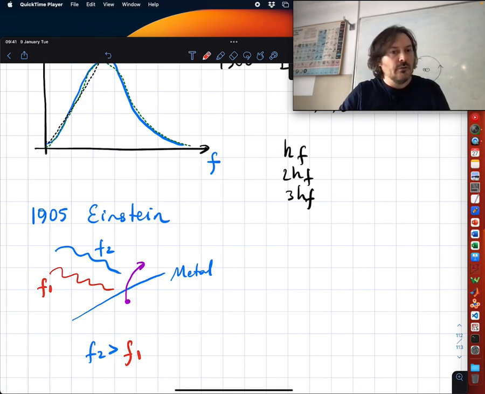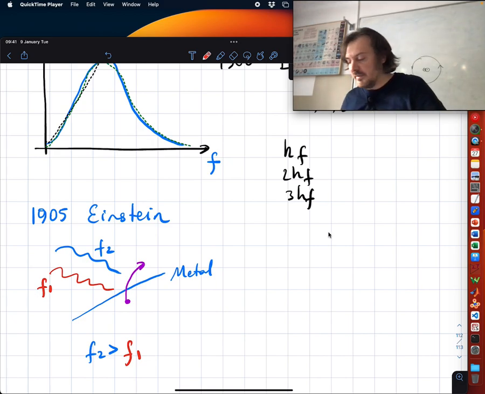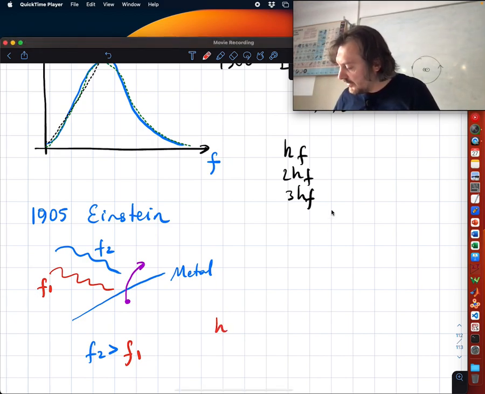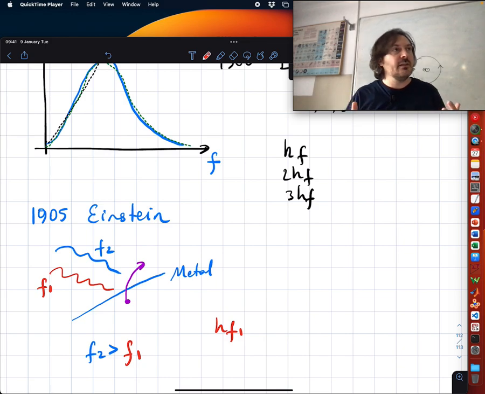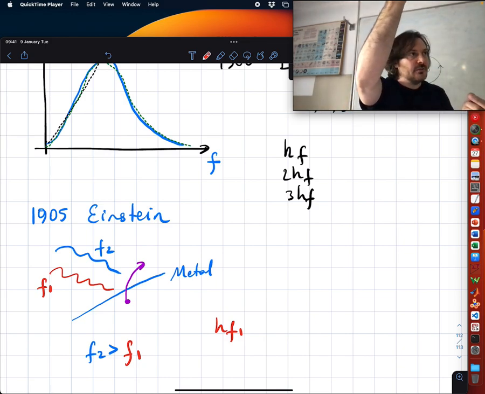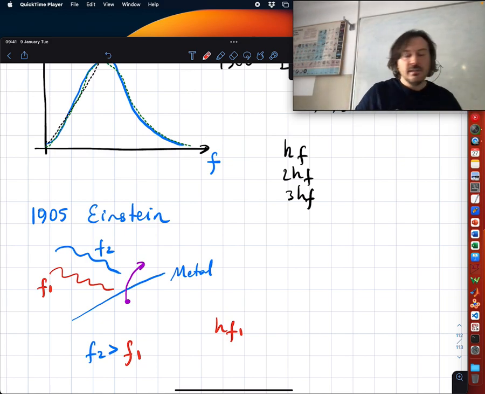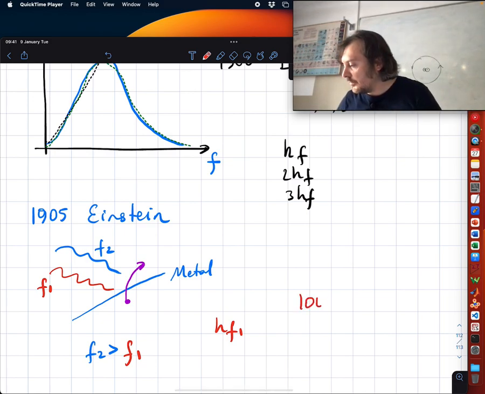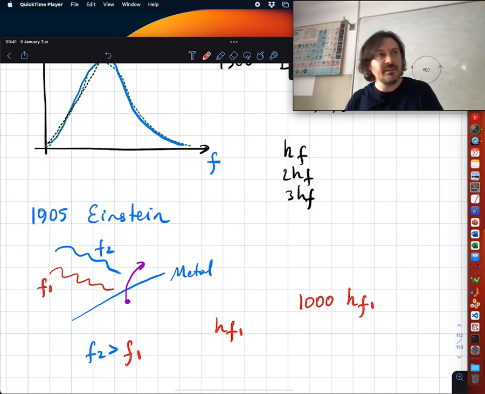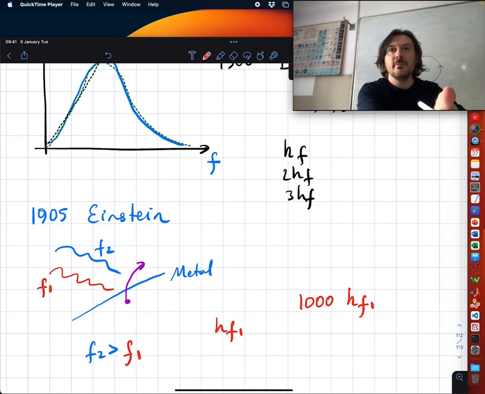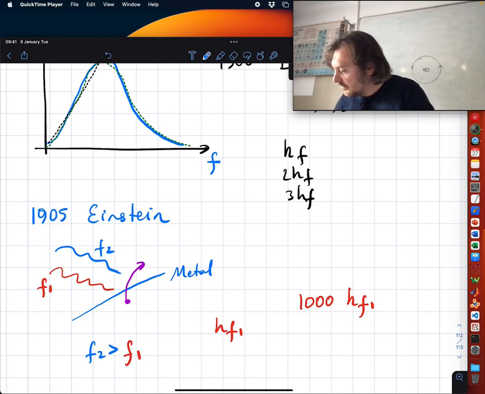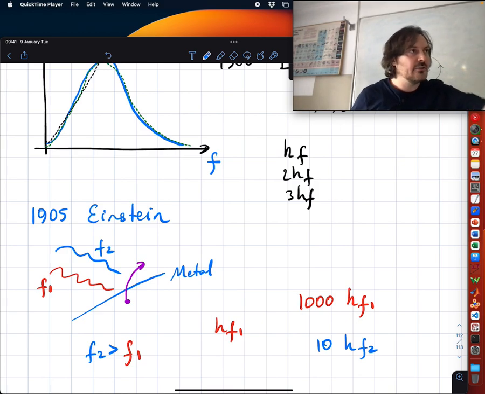No matter how many of these packages, hF1, you send, it's just not enough to kick the electron out. You can send thousands of them, a total of 1000 hF1 sent into the system, and nothing happens. But you send 10 hF2s and you kick out 10 electrons.